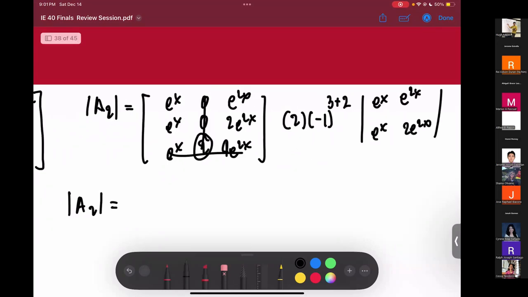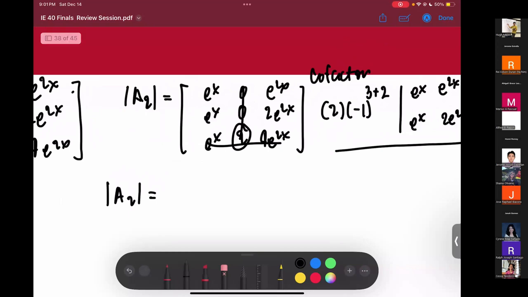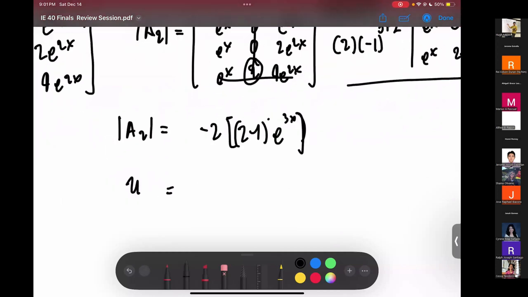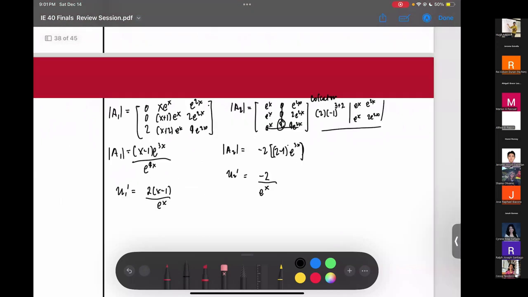Getting the determinant of this, kasi nag-cofactor lang ako, I will effectively get negative 2, 2 minus 1, 8 e to the 3x, which basically is, so when you get u2 prime, this becomes negative 2 e to the 3x over e to the 4x. I'll just simplify that to 2 over e to the x. That's u2 prime.